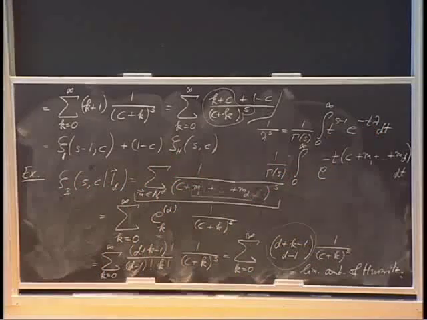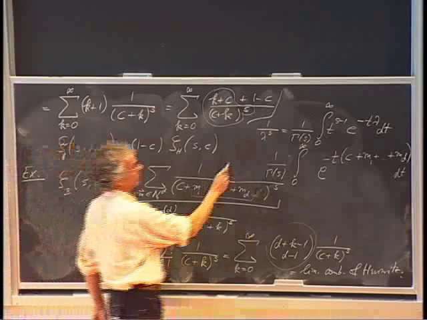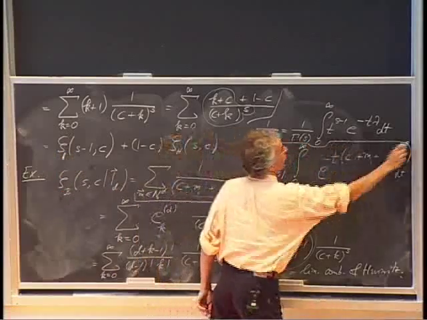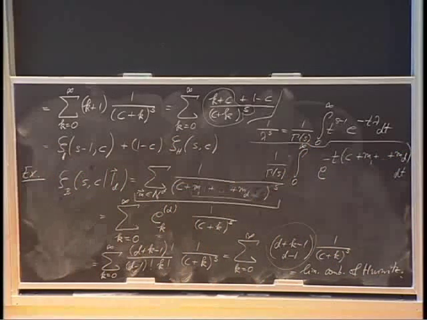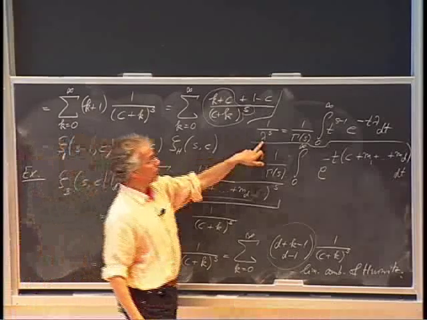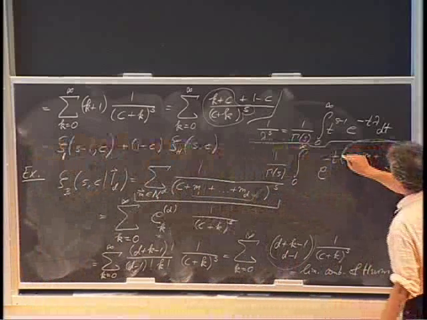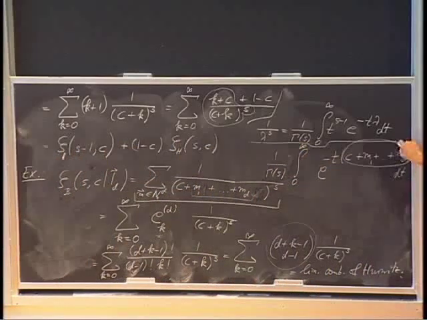And that was valid for all positive lambdas. And this is what we apply now to the Barnes, where lambda is this combination here.